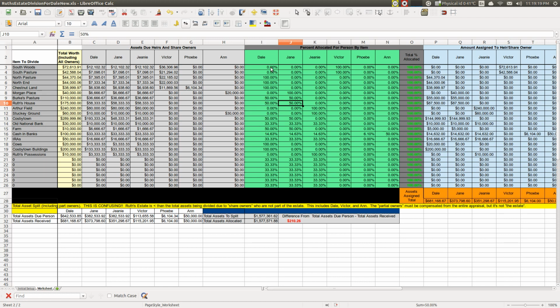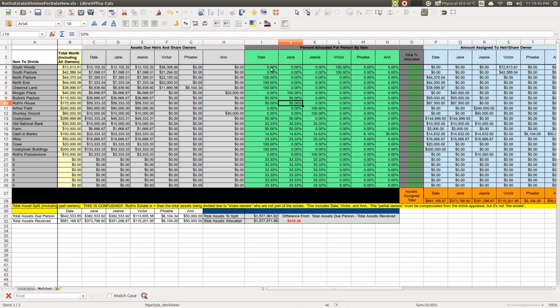You and Jane would have 50% each, both your names would be on the house, and you both could share the income for the rent, which is no doubt more than what you would get renting out the Arthur Field and getting the dividends off that. I say that I have not a clue. I'm just a number cruncher.